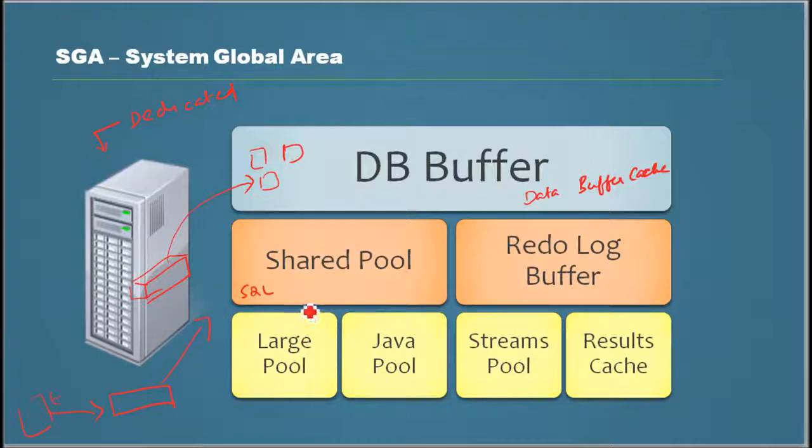The next time another user comes and submits the same SQL, since the previous SQL is already there, Oracle doesn't have to parse that SQL because it's already parsed. So that's the function of the shared pool.